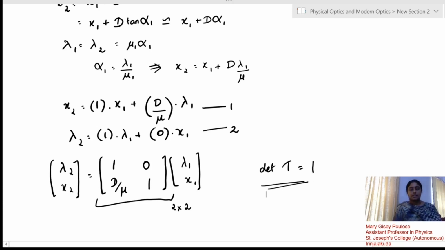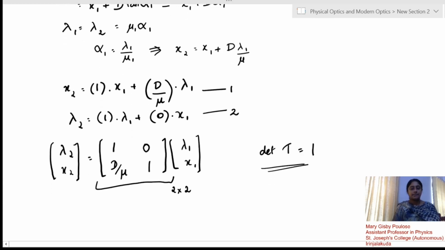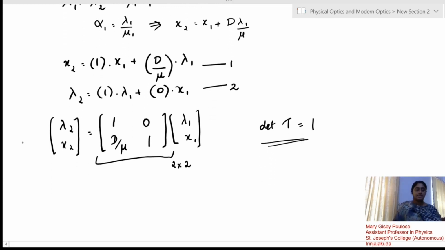Thus, the translation matrix T is equal to 1, 0, d by mu, 1, where d is the distance translated by the light ray in a homogeneous medium of refractive index mu.